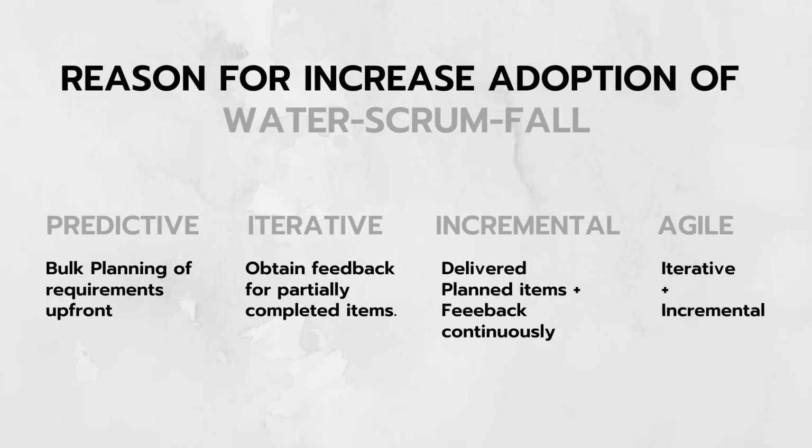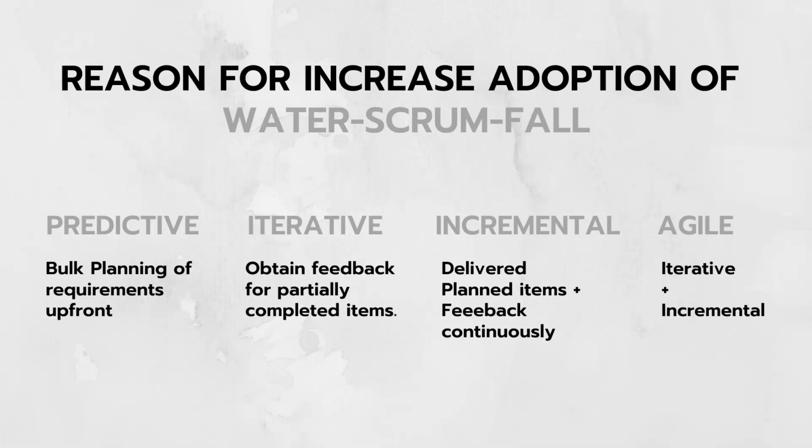Then we followed the agile, the iterative approach, wherein we obtained feedback on the partially completed items. Like I said, after dedicating 3-4 months towards development, we transition those requirements into small user stories, and from there on we follow the agile approach.